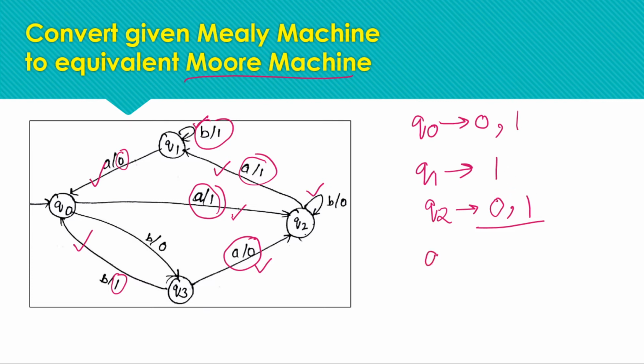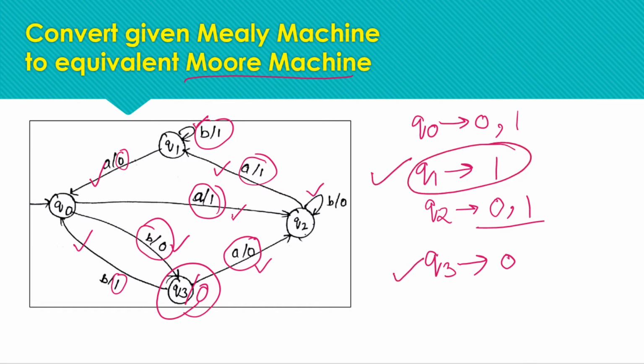Next we have Q3. Corresponding to the state Q3 we have only one incoming transition, that is this. If a state has only one incoming transition, obviously we will have only one output corresponding to that state. So Q3 has only one output, that is 0. So in the Moore machine we need to draw only one state corresponding to Q3 and Q1, because these two states have only one output in the Mealy machine.